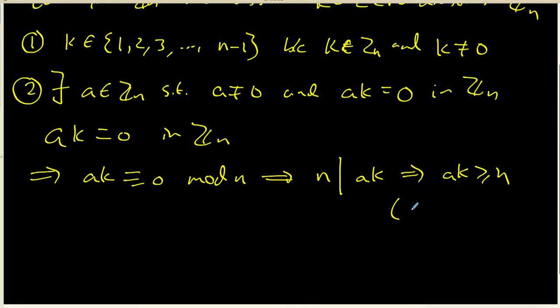In fact, ak is equal to q times n, where q is some positive integer, and I know that it's a positive integer because everything at site is positive.